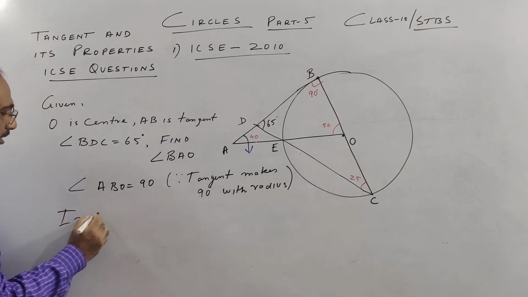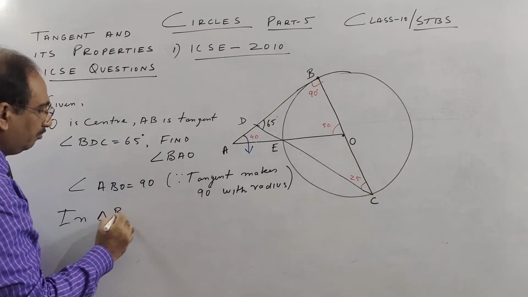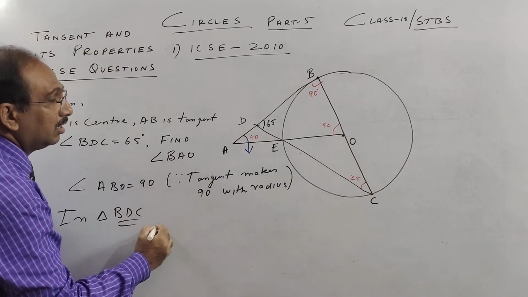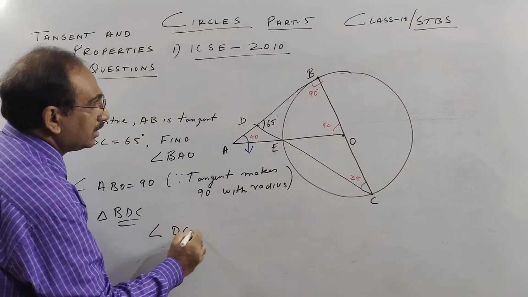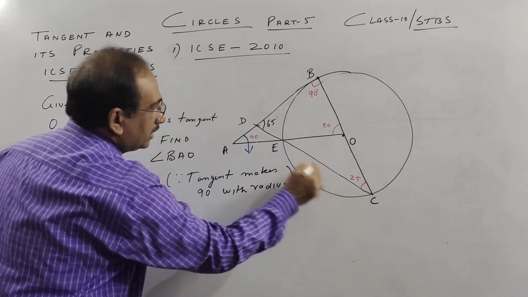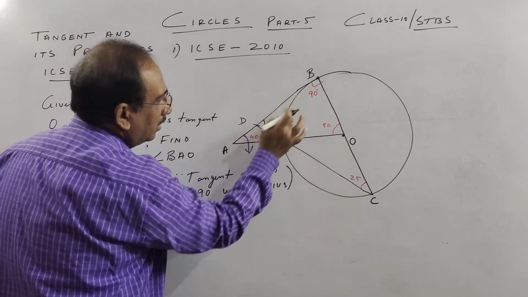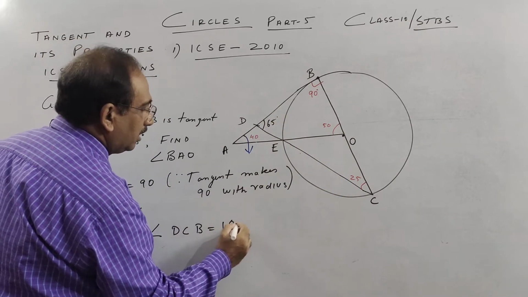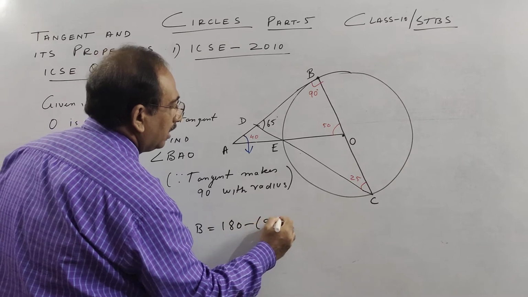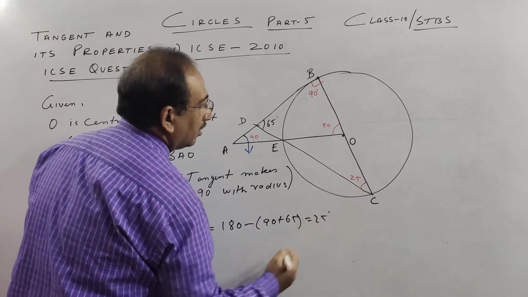Now in triangle BDC, we have to find this angle first. DCB or BCD: the sum is 180, this is 90, and this is 65. DCB is 180 minus (90 plus 65). We get this as 25.